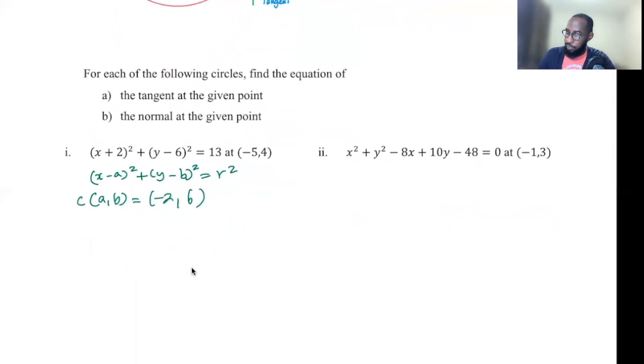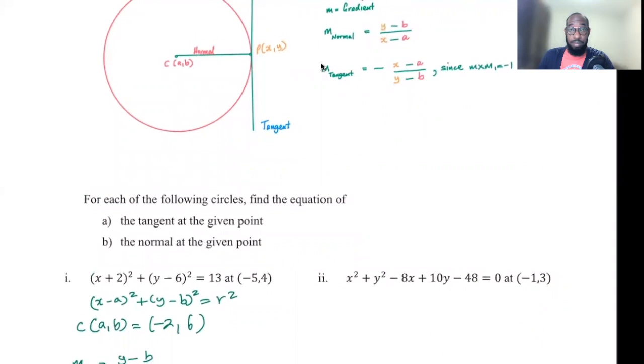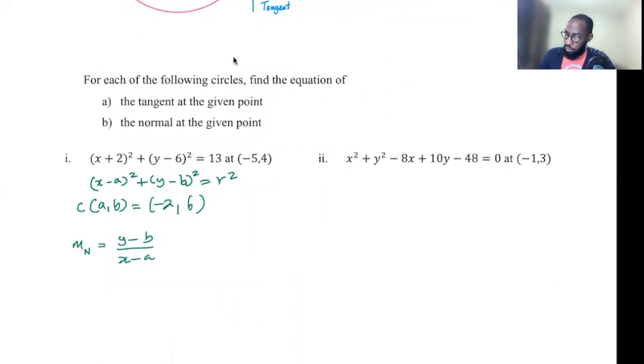So I will say the gradient of the normal is y minus b over x minus a. So if you pay attention, we know what a is, what b is, and on top here, this is x, this is y.